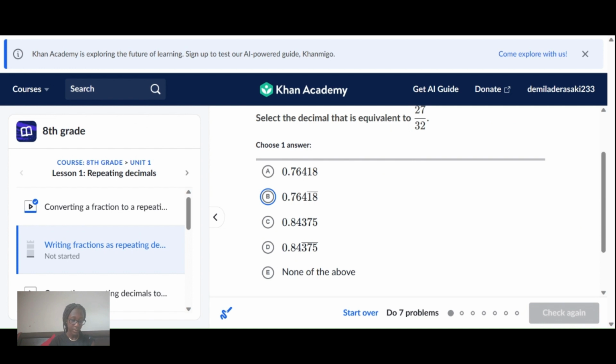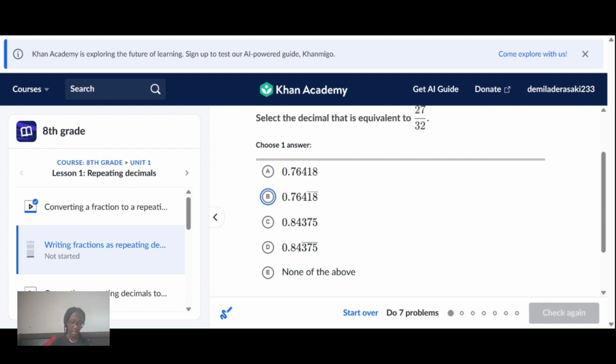So 270 minus 256 is 24. And then what can make it bring another 0? So what can 32 go into 240? So we already saw that. It's 224, which is 7. 32 times 7 is 224.